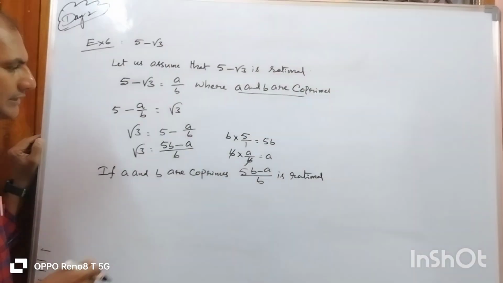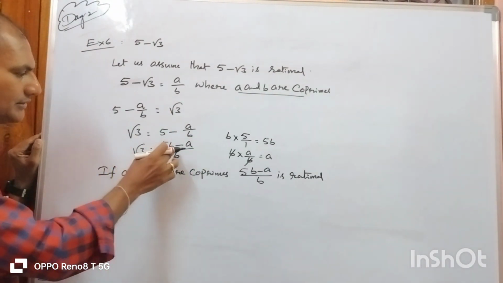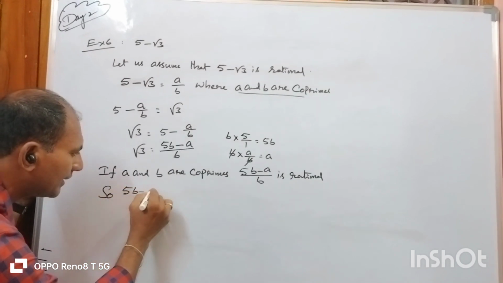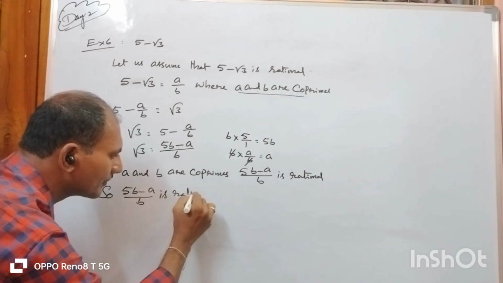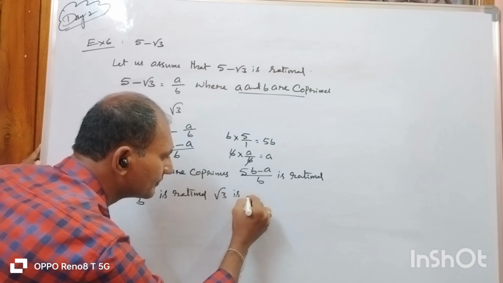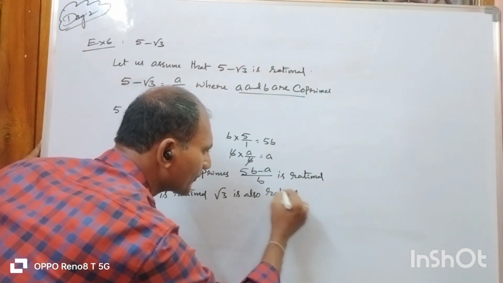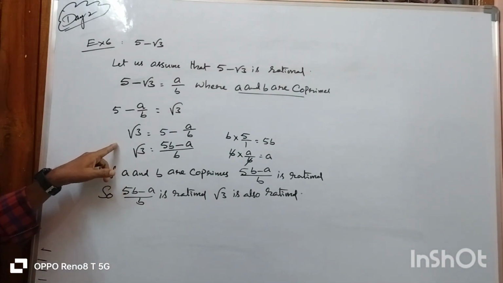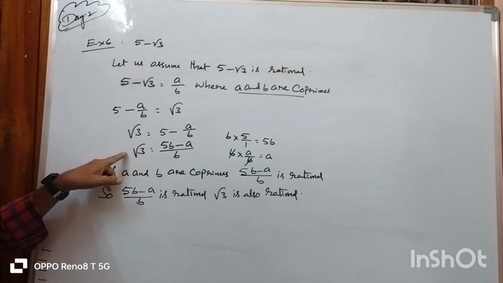If this is rational, it equals rational only, right? So 5b minus a by b is rational, and root 3 is also rational. But root 3 is not a perfect square, so 100% this is irrational.